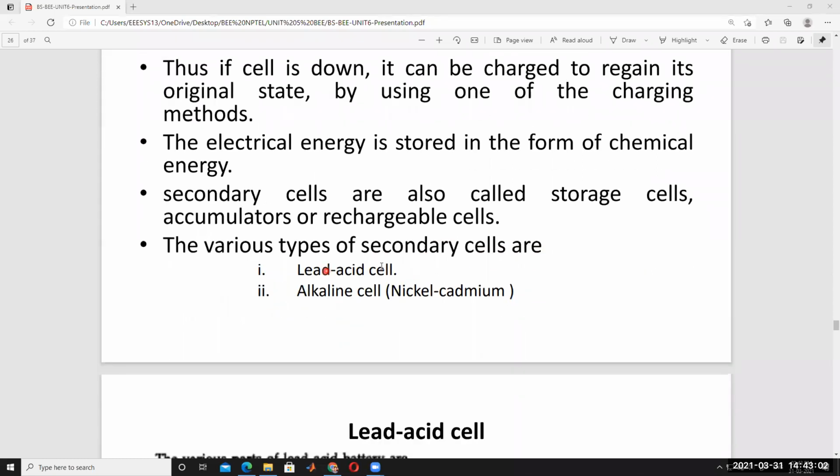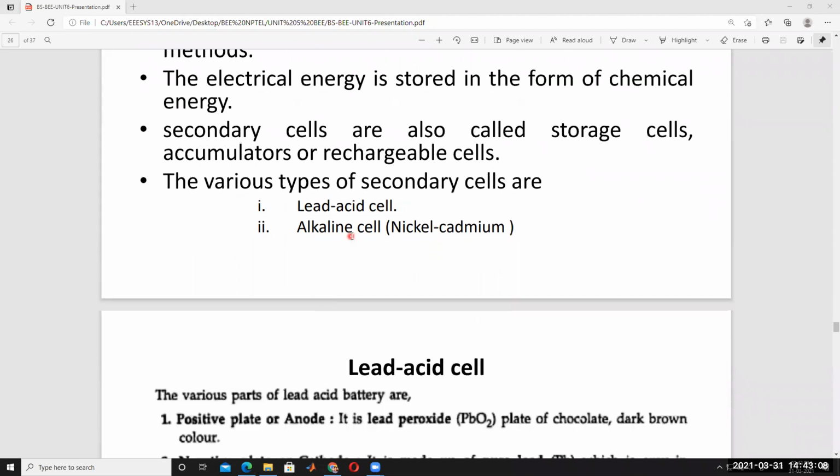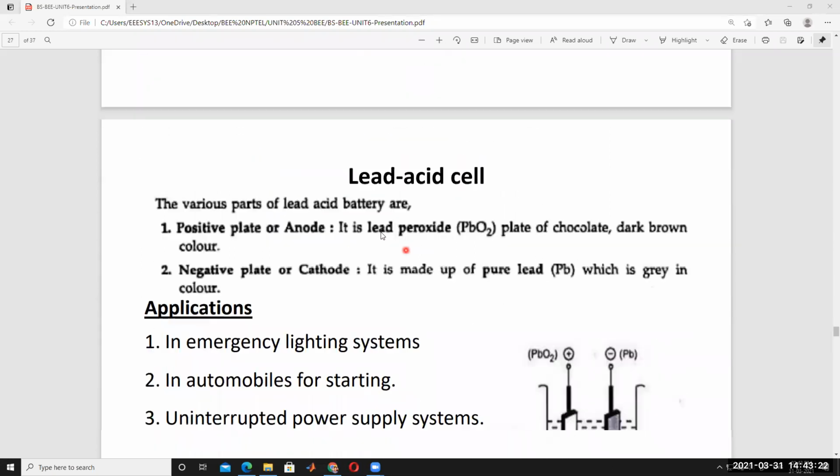Various types of secondary cells are the lead acid cell, alkaline cell, and nickel cadmium cell. Lithium ion batteries are also secondary cells. So this is called the lead acid cell.